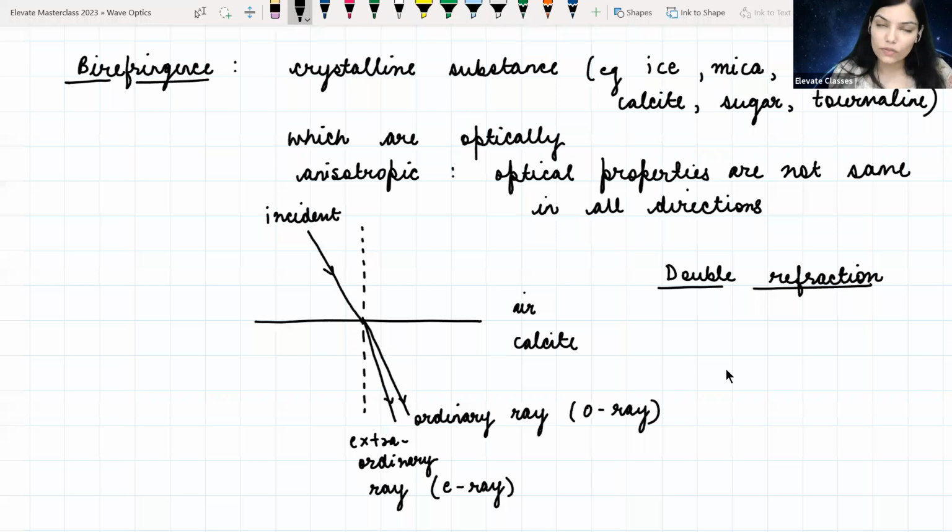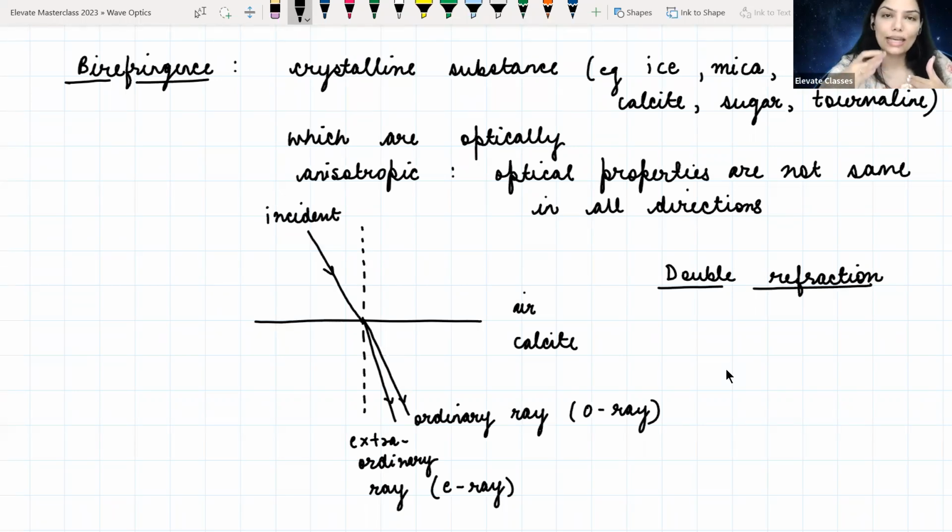But the other part of the refracted beam, which we are calling the extraordinary ray, is called extraordinary because it does not follow Snell's law. Depending on what angle it makes with a certain direction, inside a crystal there is an axis defined, which is known as the optic axis. So depending on at what angle this extraordinary ray is making with the optic axis, it propagates with different velocities.